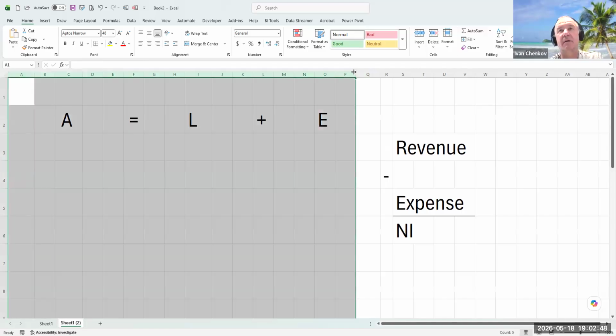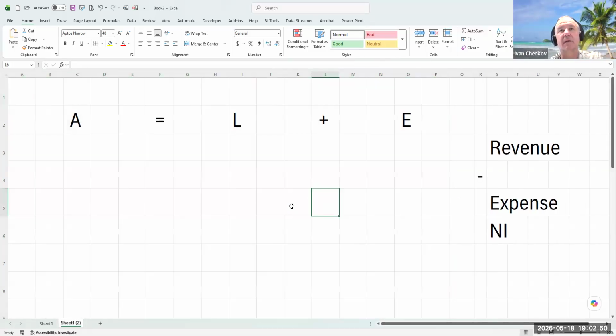Let me make everything even, so I can play with these cells here. It's going to look something like this. Let's put it here on the assets.